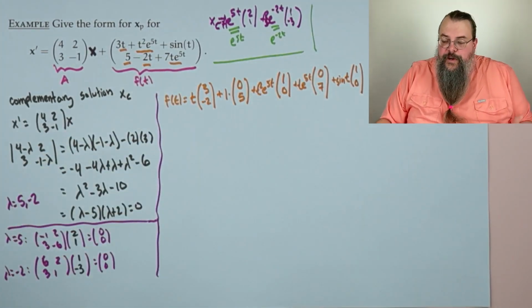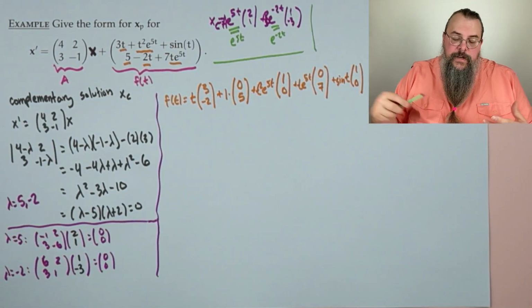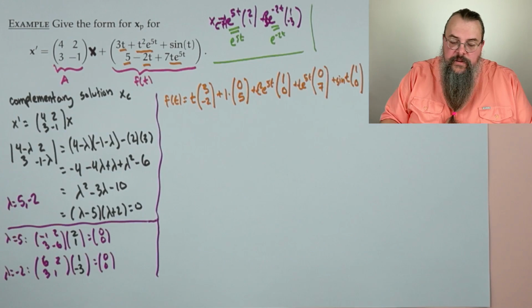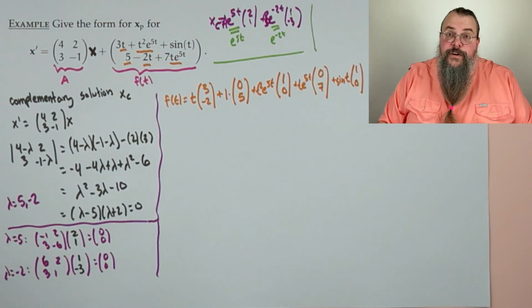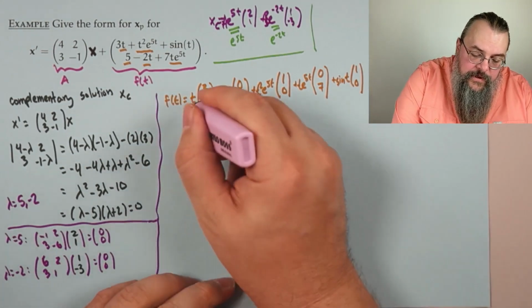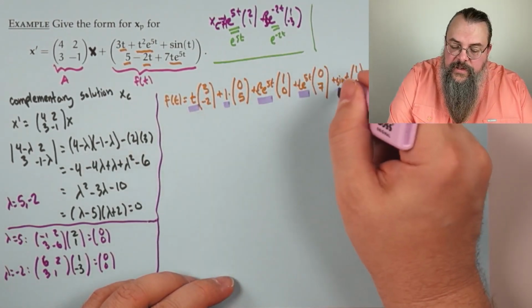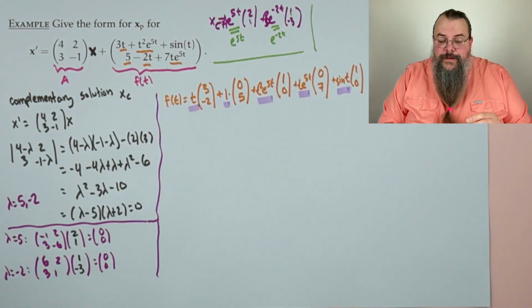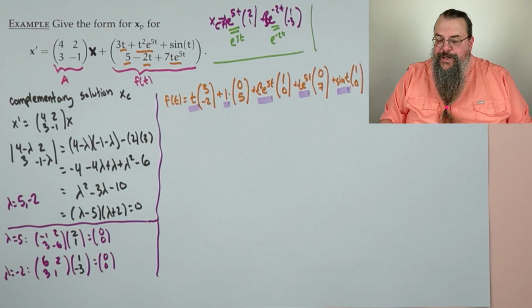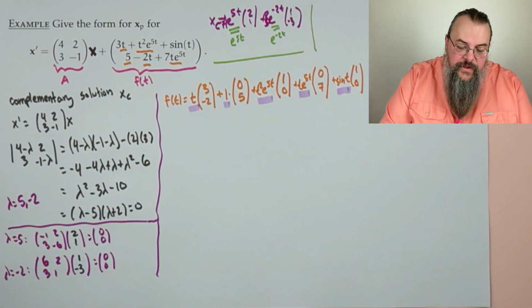So when we start talking about our function f of t, and how we grow our list, we're looking for what functions are involved. We have t, 1, t squared e to the 5t, t e to the 5t, and sine of t. So that's already 5 functions on our list.